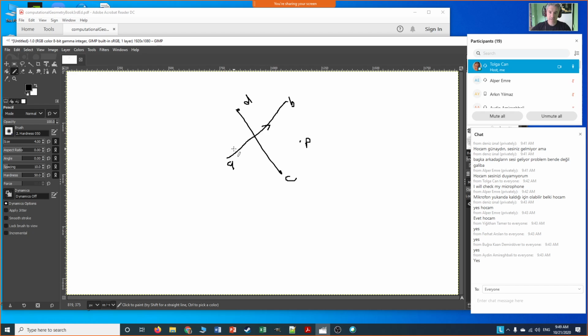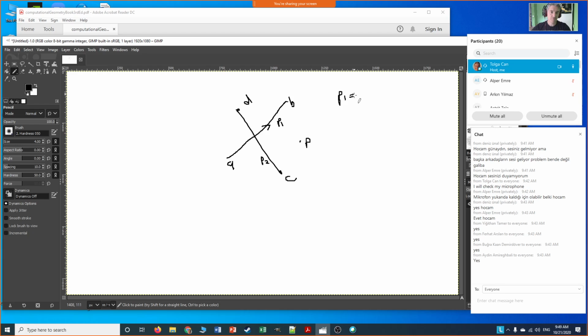Another thing that we could do is form the line equations. The parametric line equation we have used was, for example, let's call this line 1. Any point on line 1, let's call them P1. Any point on line 2, let's call these points P2. Their equations will be like this.